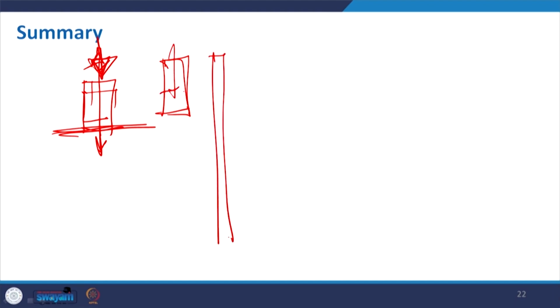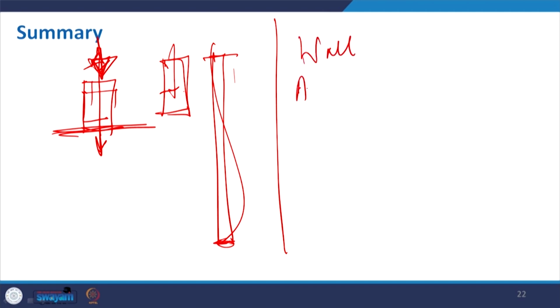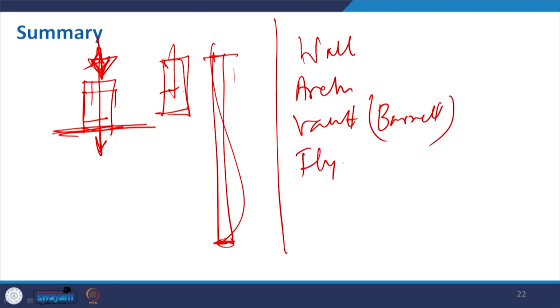If instead you have a larger height compared to the base, then buckling will take place. Based on that, we also discussed the different types of compressive structures. We started with the wall, then the arch, then the stretched arch as vault, especially the barrel vault, and then the flying buttress used in Gothic cathedrals and churches.